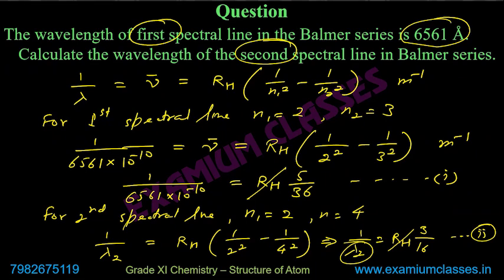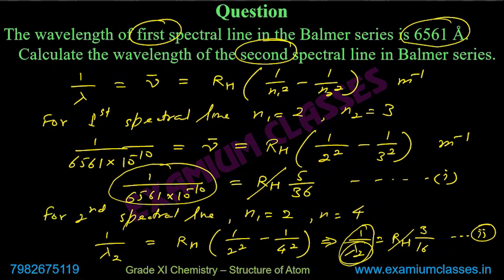You will again convert it into angstrom. To convert meter into angstrom, you will multiply by 10 to the power 10. So it means it will be this divided by 1 by lambda 2, which will effectively be lambda 2 divided by 6561.